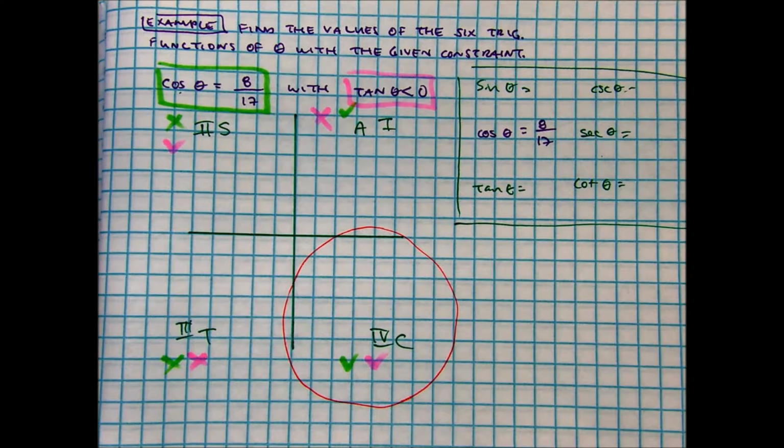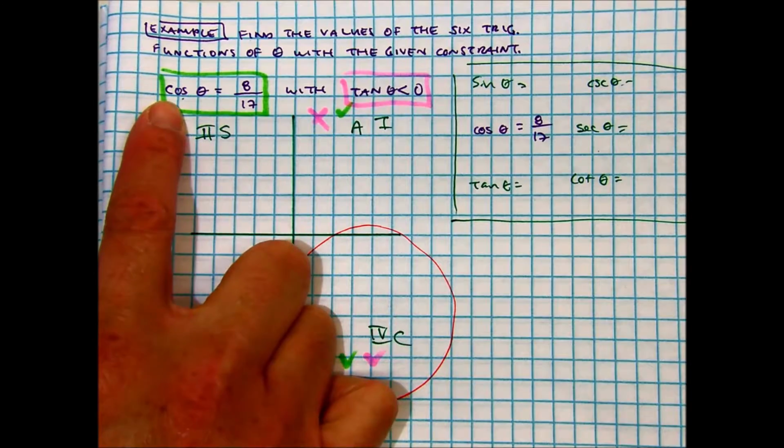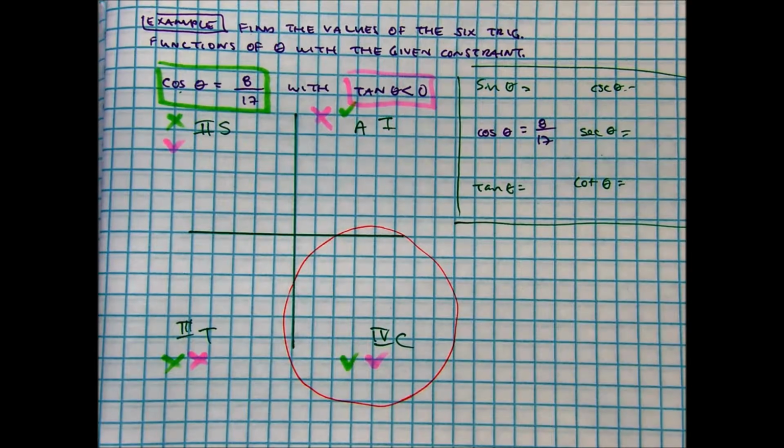How would you write cosine in terms of x, y, and r? Cosine is which 2 letters? I've noticed that students have been struggling on that.